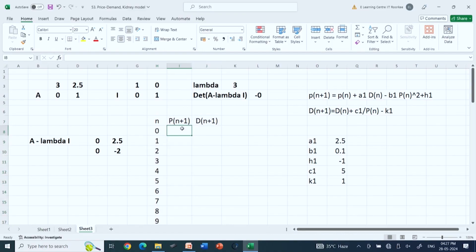So this is the initial value. Let's take it as 4 and 2.